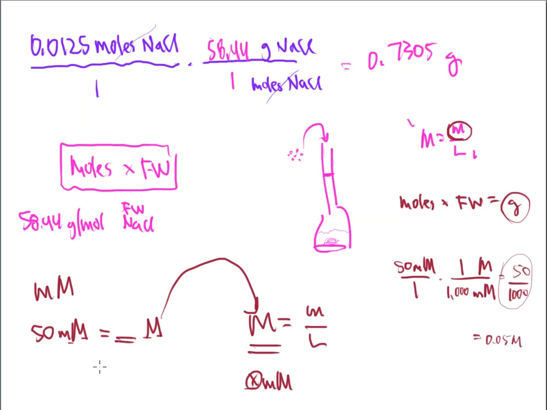So 50 millimolar is equal to 0.050 molarity. I just added the extra 0 on there, right? That's all I did. Same number. So this is the number that I will then use in my molarity equation in order to solve for how many grams I need to weigh out to make that solution.